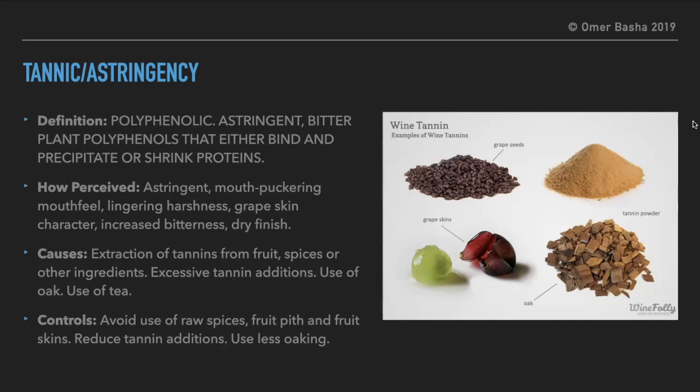So it's perceived as astringent, mouth-puckering mouthfeel, lingering harshness, grape skin character, increased bitterness, and a dry finish. The causes are extraction of tannins from fruit most of the time, spices or other ingredients, excessive tannin additions if we're using tannin powder, for example, the use of oak, and also the use of tea.